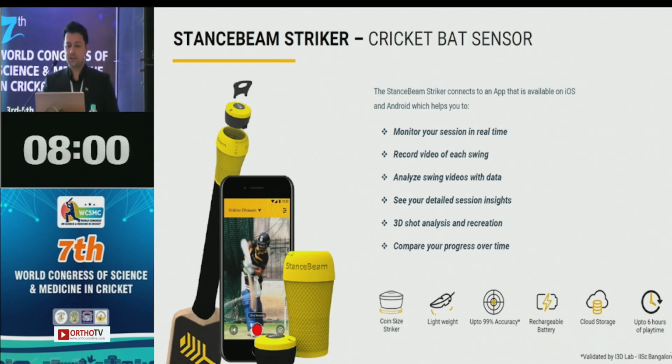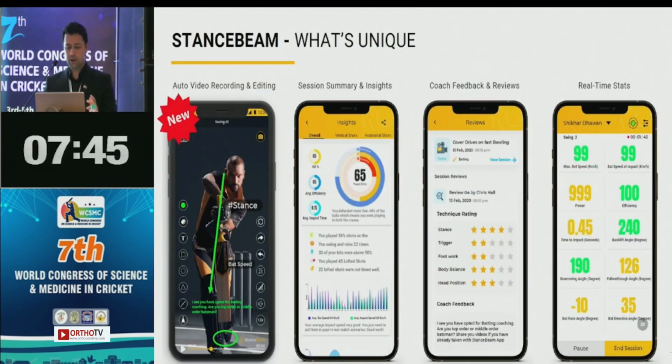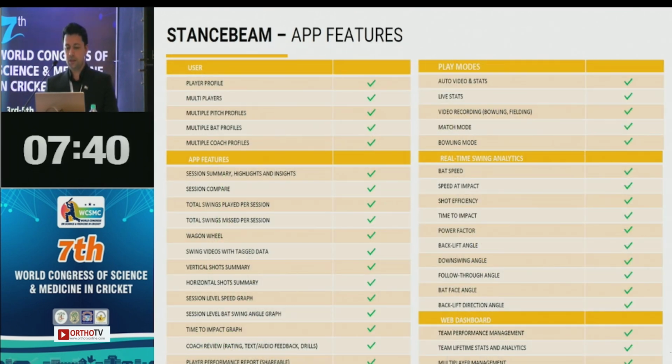There's a company that we're currently collaborating with in Bangalore, India, which has come up with a sensor technology that you fit onto the distal end of the cricket bat, known as Stance Beam. It works with an app in real time, and it displays a number of variables. In particular, we want to understand not just the backlift angle, but also other parameters such as bat speed, speed at impact, time to impact, and other aspects of the follow-through, to get a more comprehensive understanding beyond just the backlift.